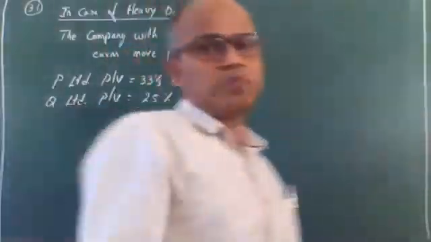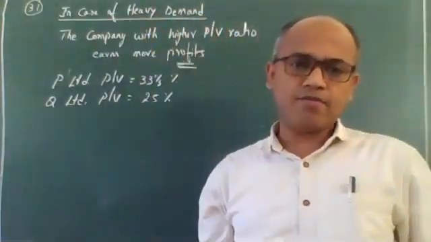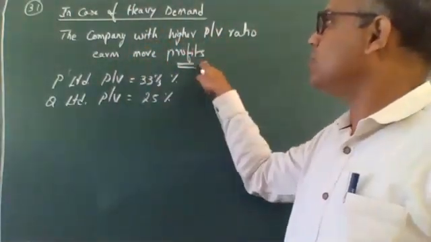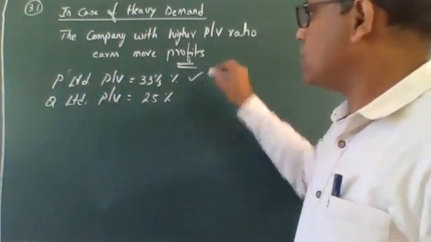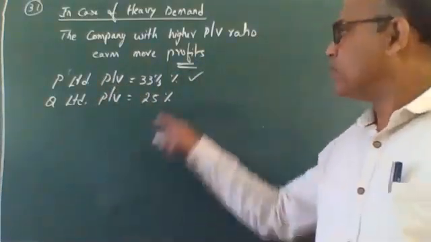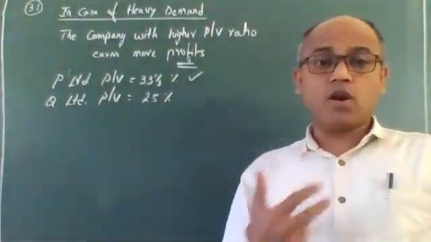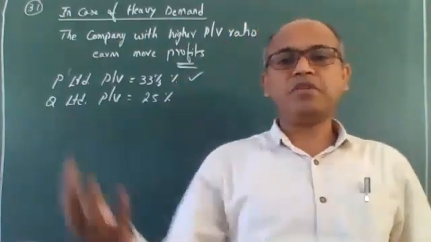So according to the statement I have written, if you are having heavy demand for the product, the company with higher PV ratio is going to earn more profit. So which company has the higher PV ratio here? Company P. Now what do you mean by PV ratio? I have already told you it is the contribution percentage. Higher the contribution percentage, higher would be the profit.